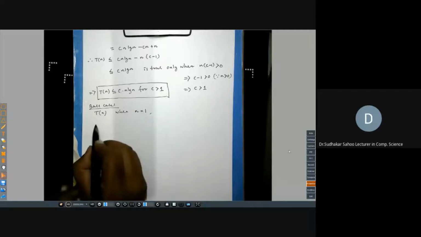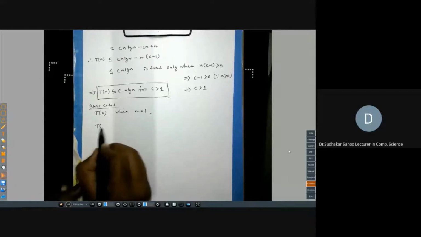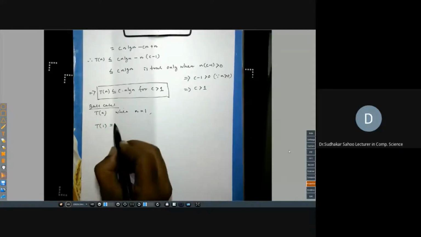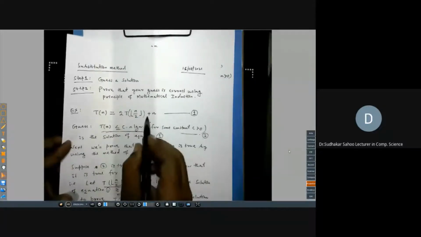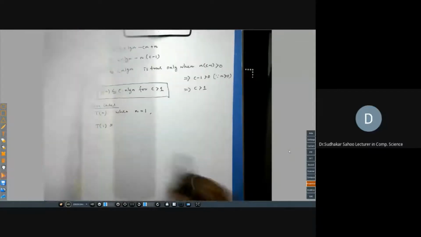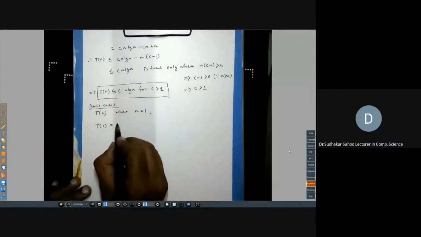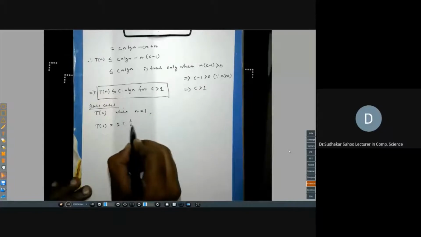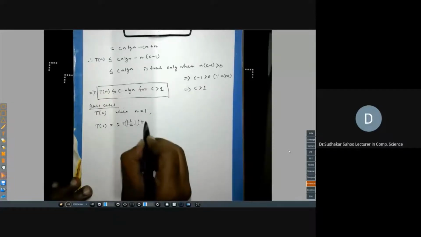Right. That means T of 1 is equal to, let us substitute in our equation. The equation is this one, the recurrence equation. T of 1 equal to 2T of floor of 1 by 2, plus 1.